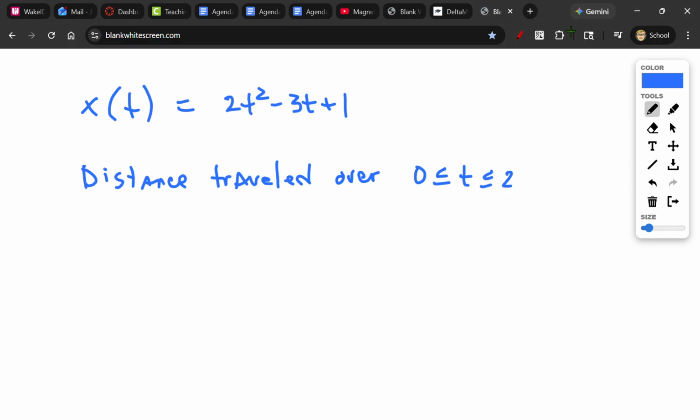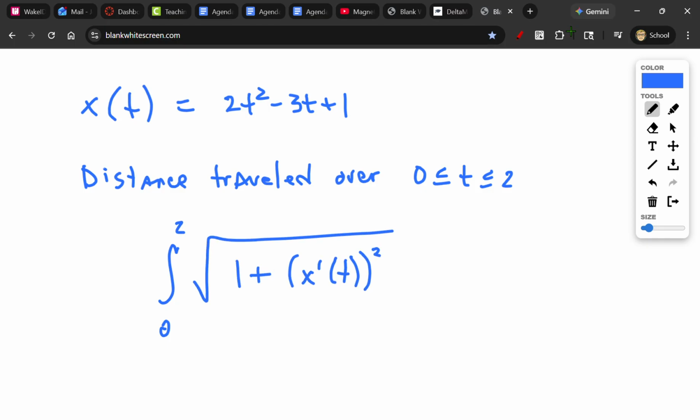The distance traveled would be the integral from 0 to 2 of the square root of 1 plus x prime of t squared dt. So what would we put in the place of x prime of t? Well, that's pretty easy to do if you know your derivative rules, right? This would be 4t minus 3. Okay, and that would be your integral. And then you would use a Desmos calculator or something like that to do the integral.